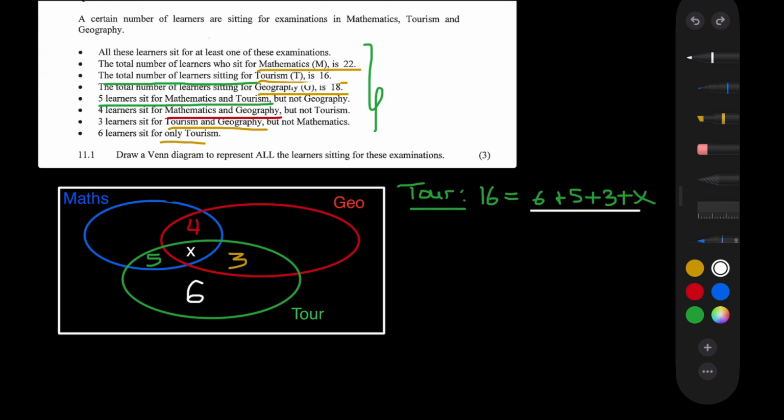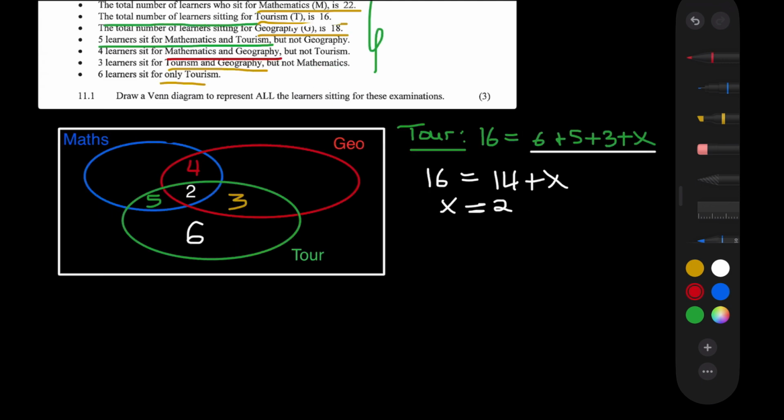That's why I added everything here on the right hand side. So we have 16 is equal to 6 plus 5, which is 11, plus 3, which is 14, plus x, and then when I subtract 14 on both sides, I'm going to get x is equal to 2. And so immediately I can replace my x in the middle with a 2.